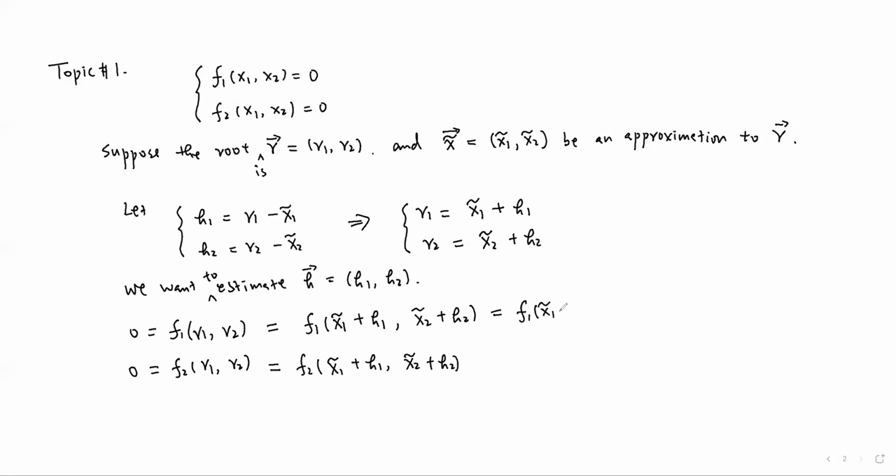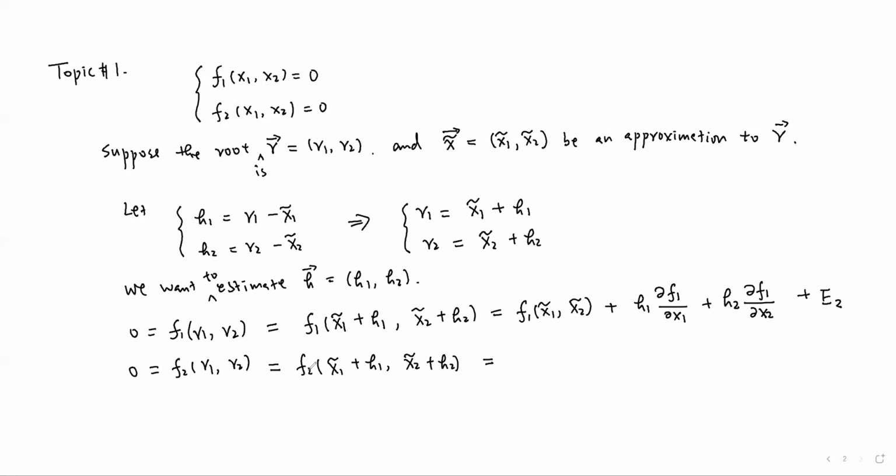Then we have F1(x1 tilde, x2 tilde) plus h1 partial f1 partial x1, evaluated at (x1 tilde, x2 tilde), plus h2 partial f1 partial x2, then plus the error term E1.